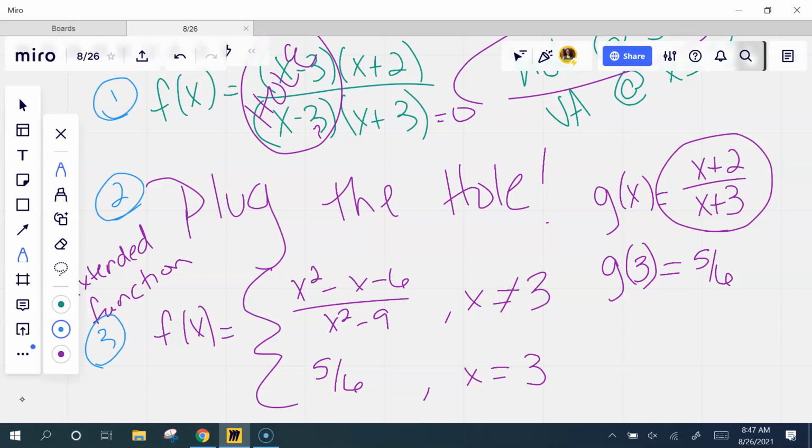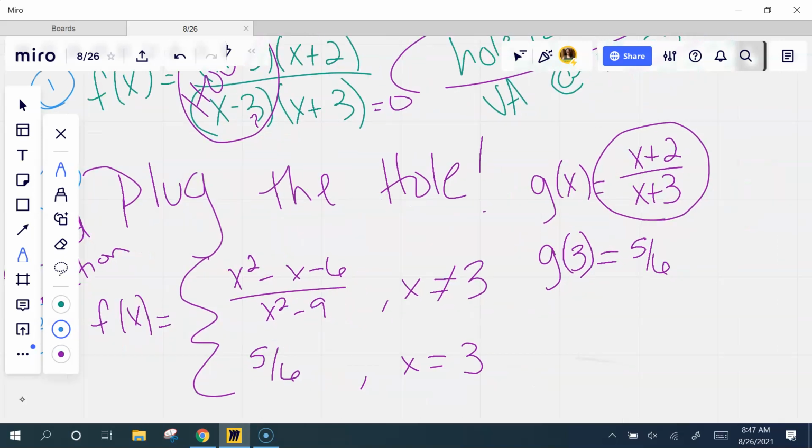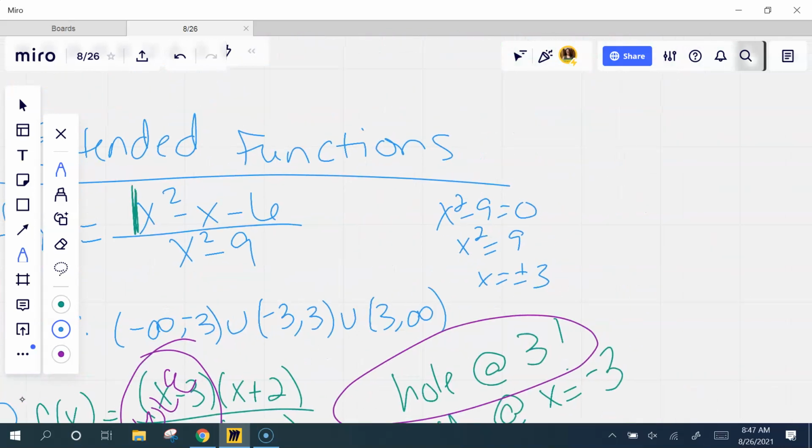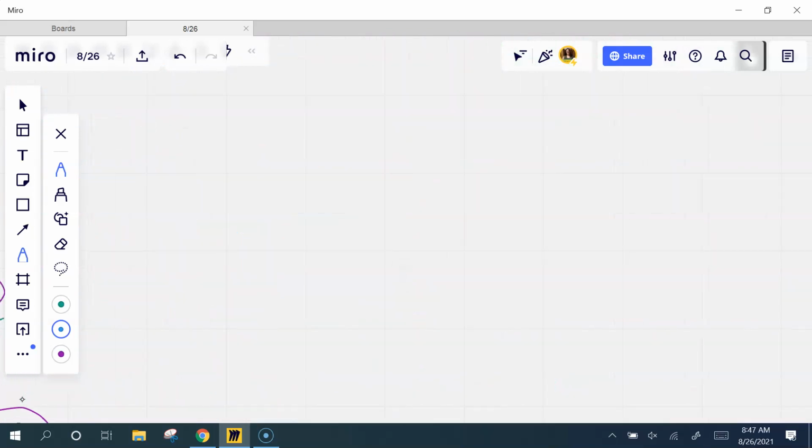Let's do another. Before we do another, let me see. Maybe this one's a factoring a little bit harder. Oh my gosh. Let's digress for just a minute.